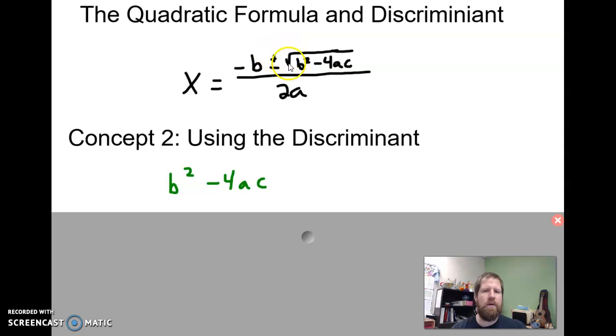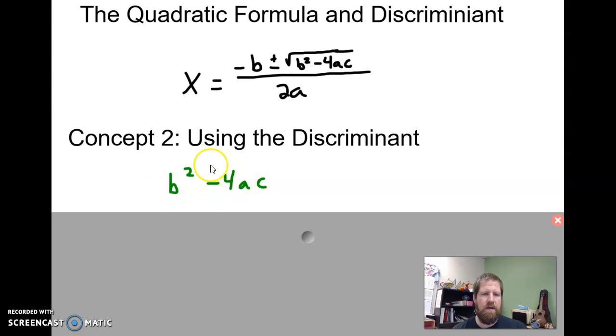And that will tell us something about the answer or answers to our quadratic equation based on how my discriminant turns out, right? What value you get when you take b squared and subtract 4ac. Because if we're thinking about it, we have our square root.